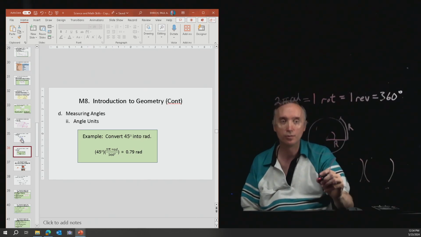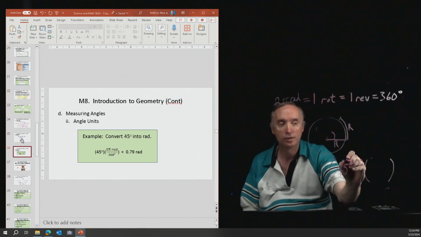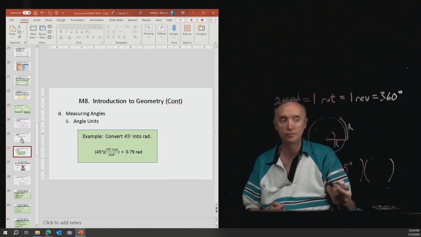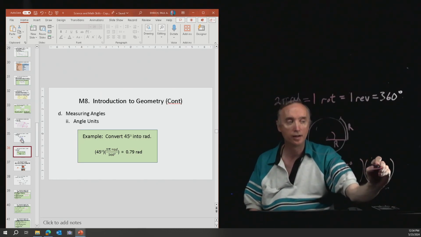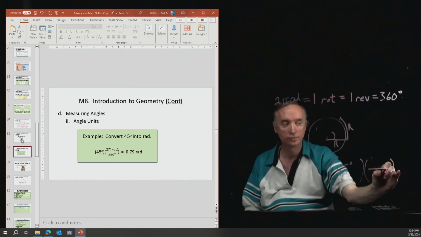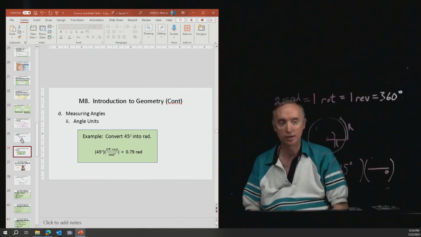So you're starting with 45 degrees. The second set of parentheses is going to be your conversion factor, written like a fraction. We're trying to get rid of what? Degrees. So we have a degree on the top and a degree on the bottom, so they're going to cancel.